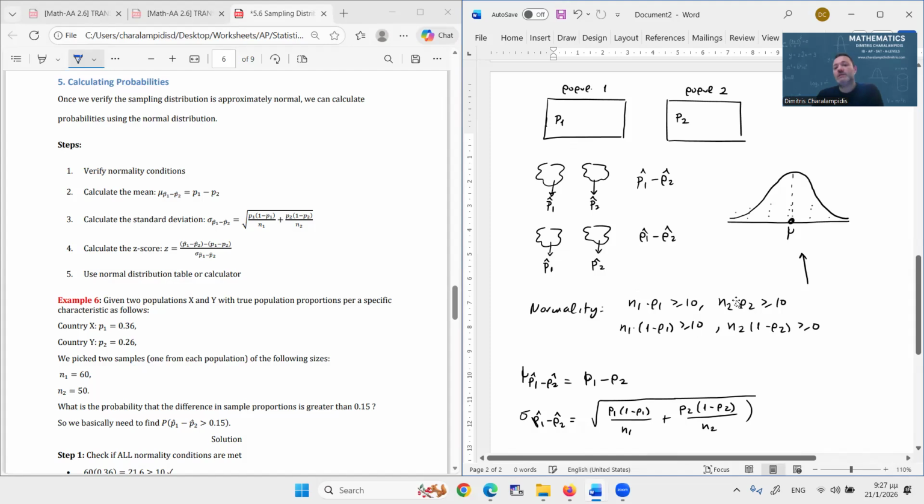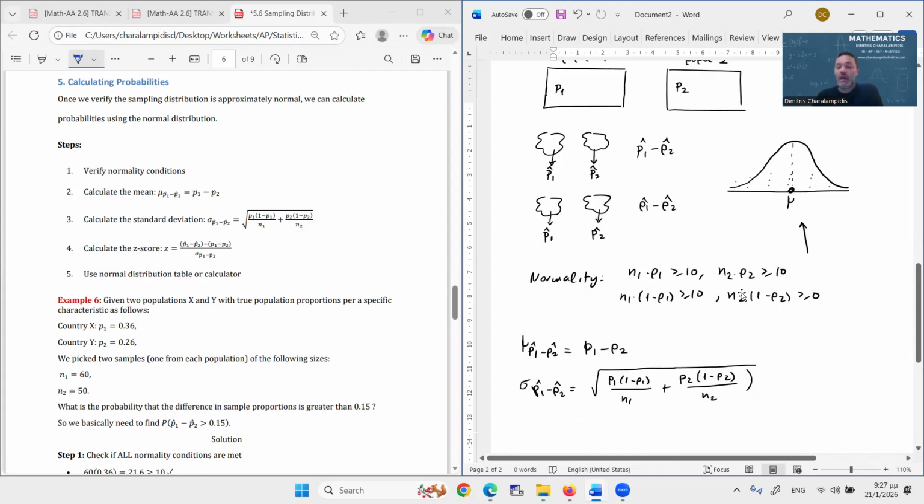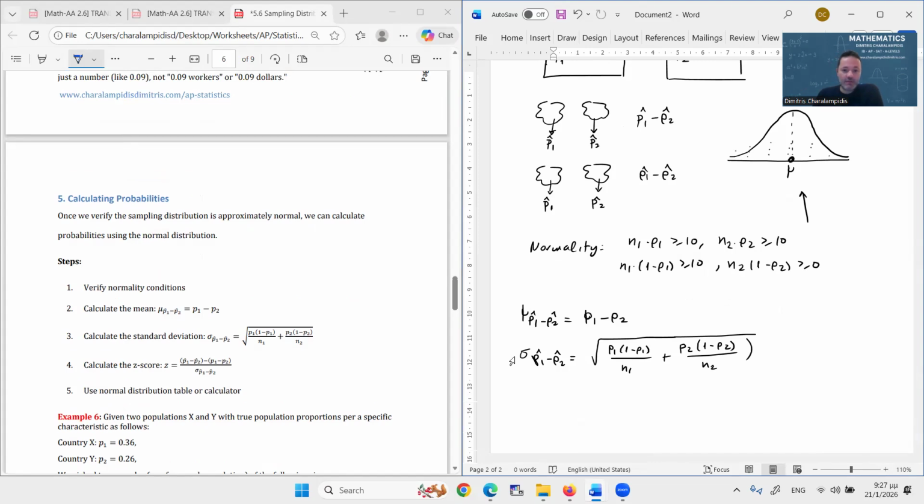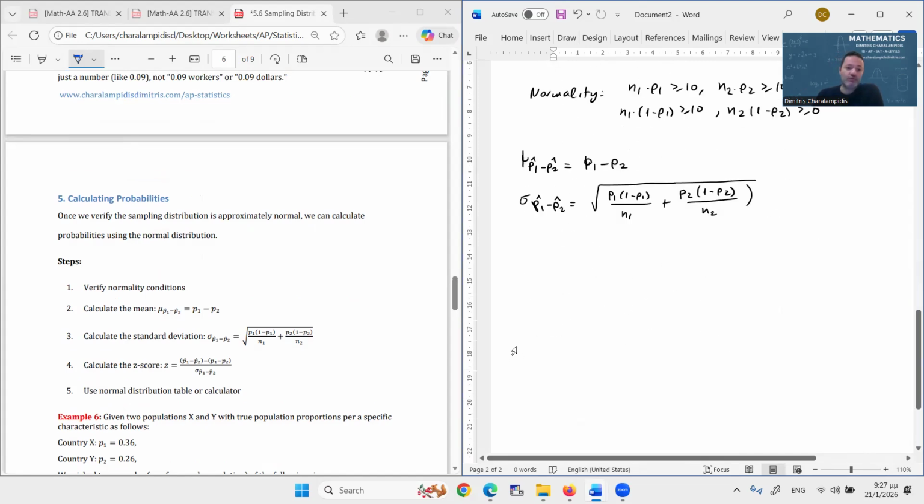Now, we will see how we can actually estimate probabilities. So, let's see example 6 that follows.